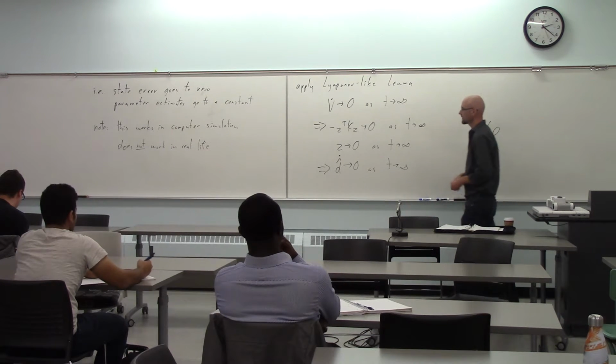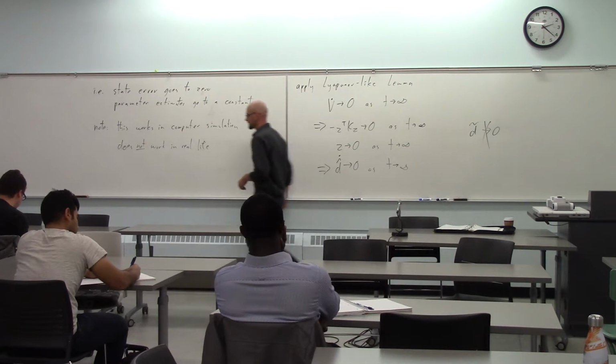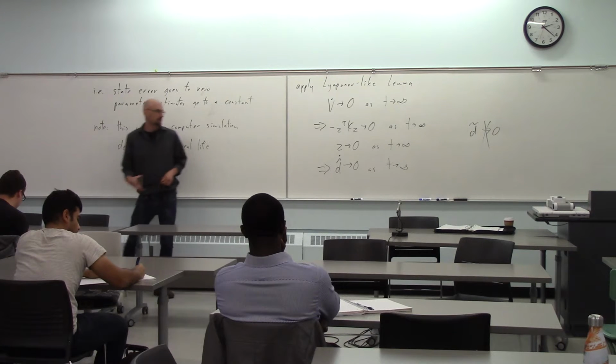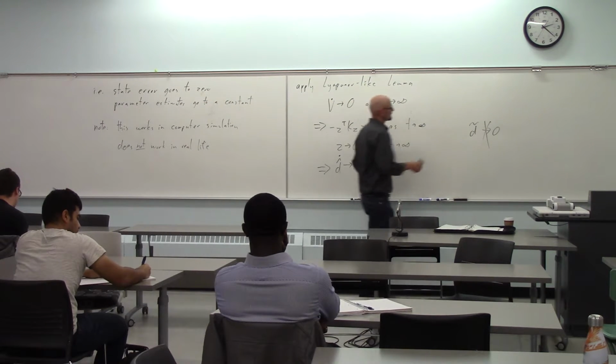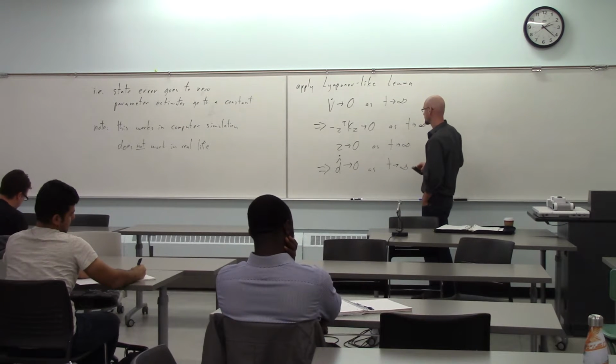So let's examine what happens in real life now. This will work in MATLAB just fine, but doesn't work in real life. It's an important thing to keep in mind, so we have to fix this somehow so it does work in real life.